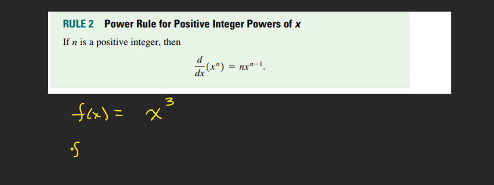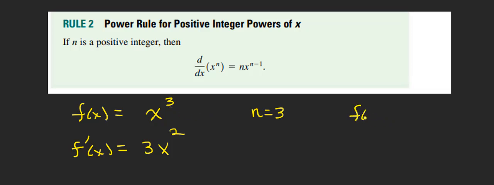So what will be the derivative? Well, here our n equals 3. So the derivative of x to the third power is 3x, and what's n minus 1? That's 2. So it's 3x squared. That will be the derivative of x cubed.